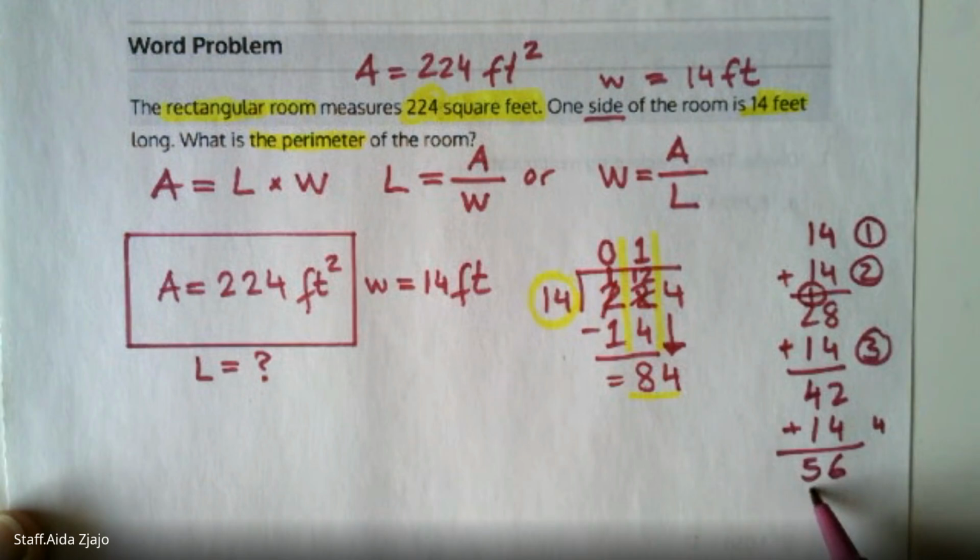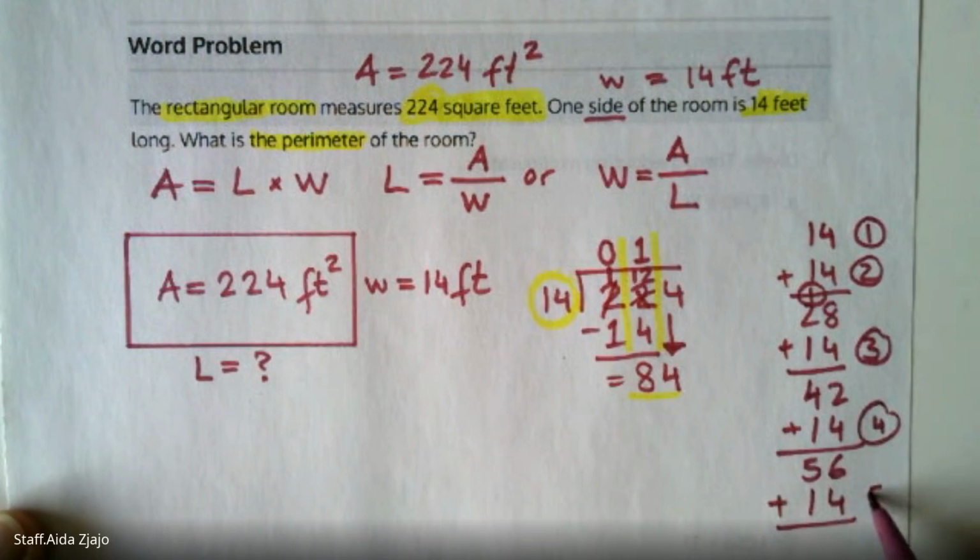Now add 14 again, and that would be the 5th group. 0, remember 1, that is 70. And then if I add 14 one more time, that is the 6th group. That is a perfect number.